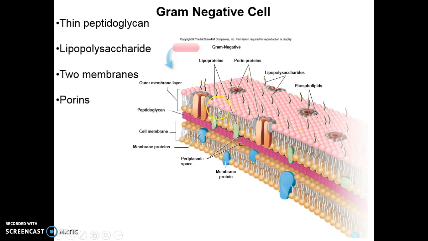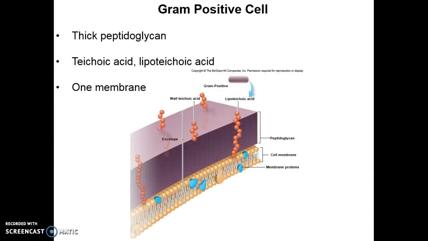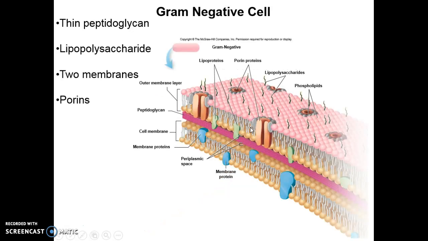If you compare this layer, where you see just 1 layer of balls depicting that, in here you've got the very thin layer, just 3 or 4 rows of these ball-like depictions of the peptidoglycan, whereas here you have this very thick layer, and maybe there's 20 or 30 of these different layers of the peptidoglycan. So a big difference. This one is not that dark purple, but rather it's more of a pink or a red color.